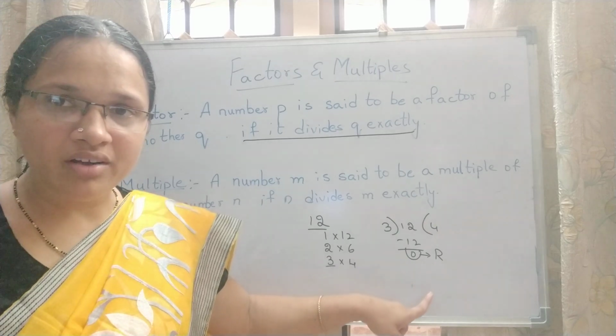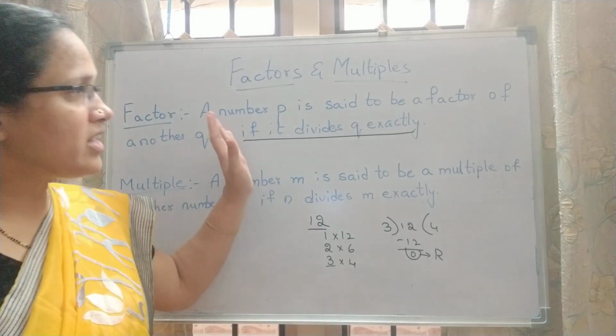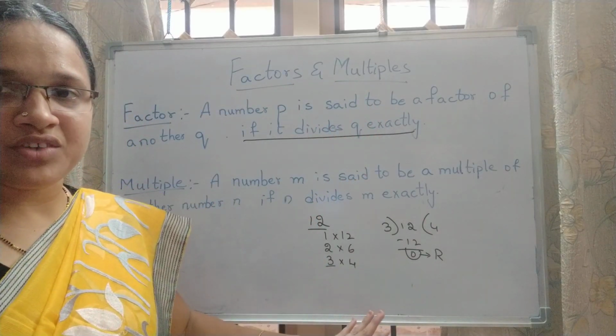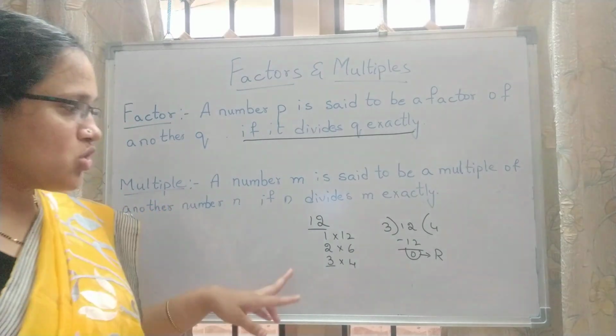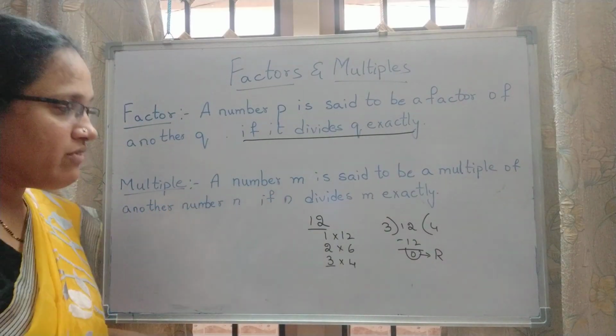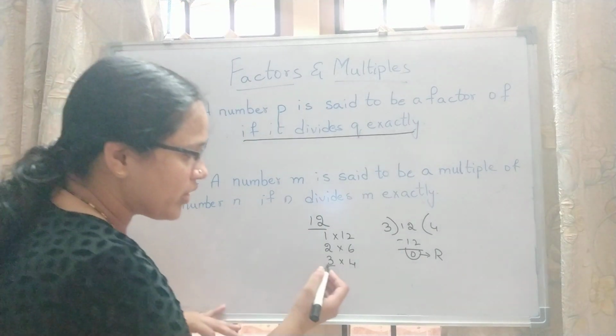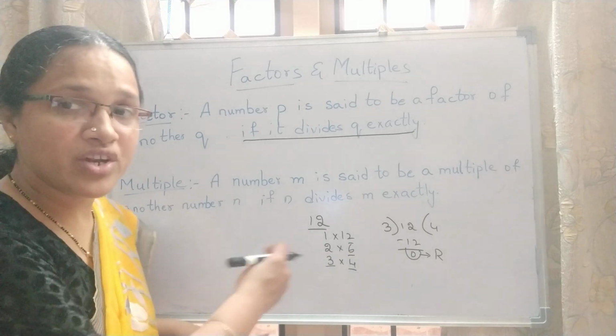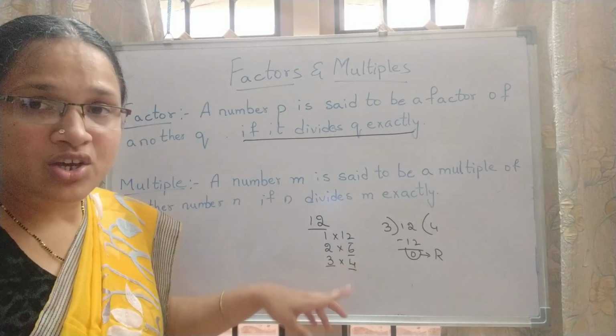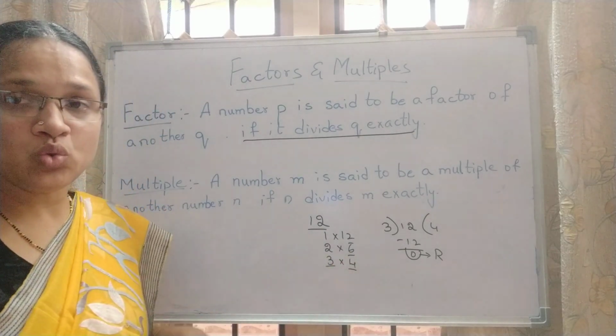Did you understand the main meaning of the definition here? You can test on any other factors here. You can check it with 6, with 4, with 2 and so on.